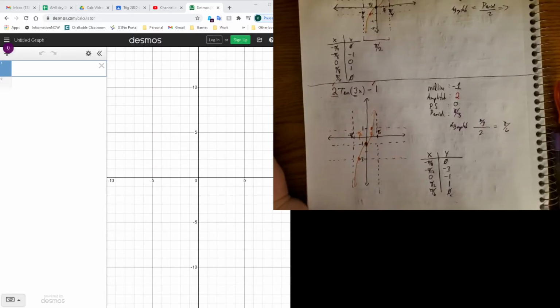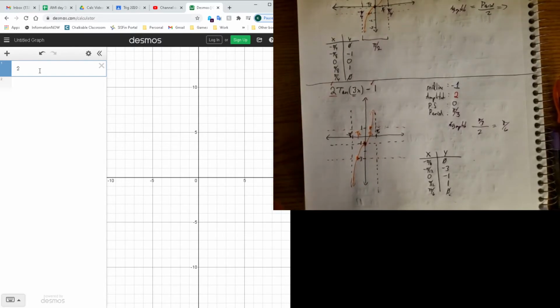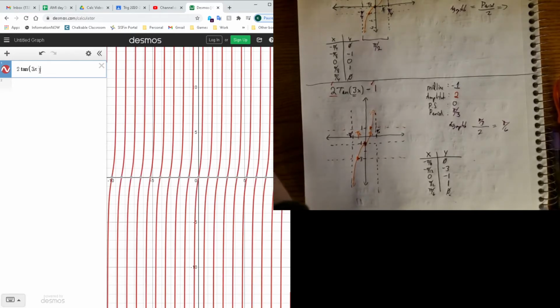Now let's take a look at this with Desmos to verify that it is in fact correct. Okay, here's Desmos. So let's start by looking at this function: 2 tangent of 3x quantity minus 1.